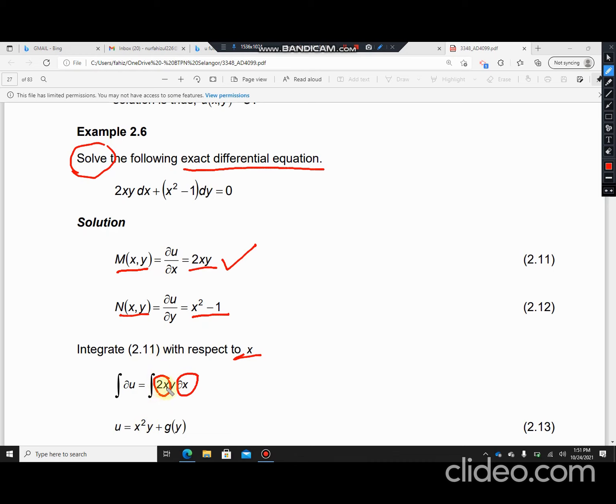Bila integrate 2x, awak akan dapat 2x square over 2. Betul tak? So, bila simplify, dia akan dapat x square, and then just put y. y kita assume dia constant. So, dia akan jadi x square y and then plus g(y). Dari mana plus g(y)? Daripada formula tadi tu. Kita just plus g(y).